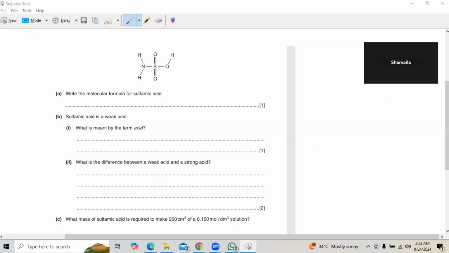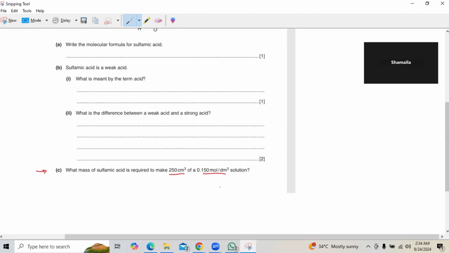Now we are going to have this question related to moles. They are asking what is the mass of sulfamic acid required to make this much volume and this much concentration. For that purpose, we know there is a formula for concentration: moles is equal to volume multiplied by concentration.